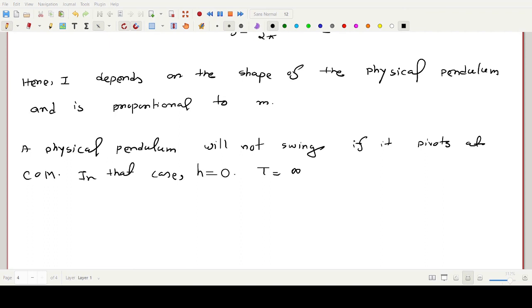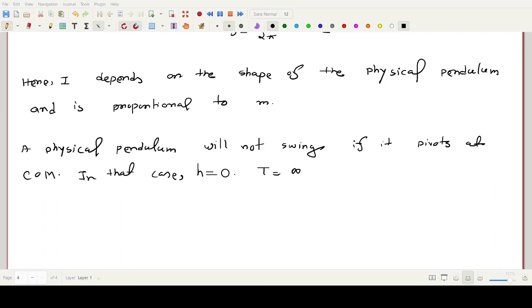The gravity is downwards, but the pivoting is on the ground, on the floor.